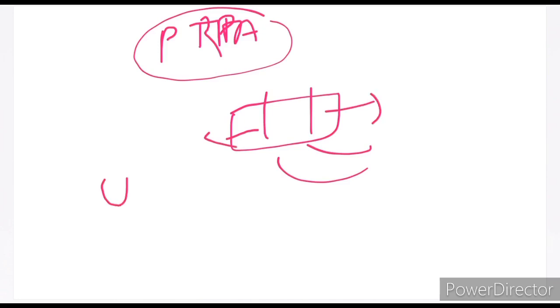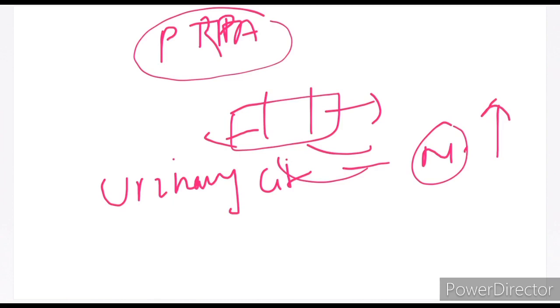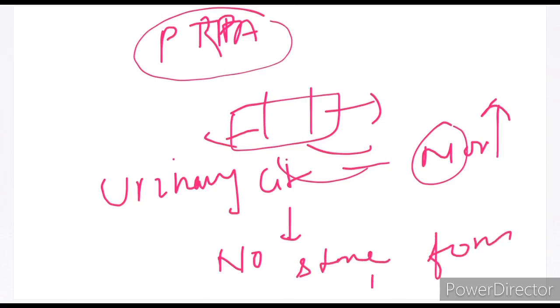So urinary citrate is normal to high. So there is no stone formation, no nephrocalcinosis.